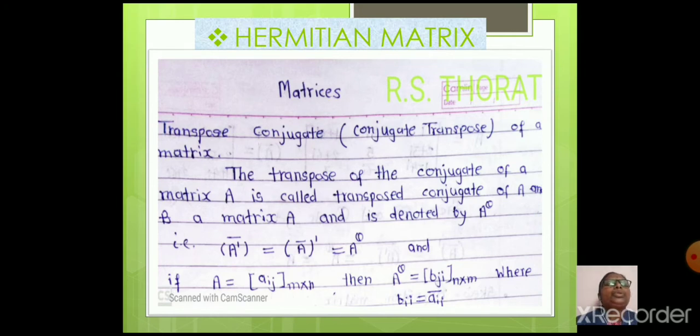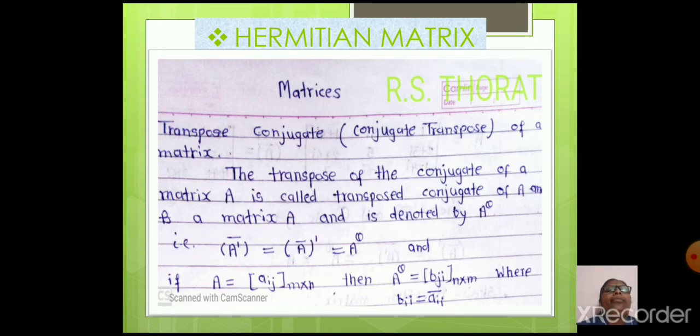The transpose of the conjugate of a matrix A is called the transpose conjugate of matrix A and is denoted by A raised to theta. That is, A transpose conjugate equal to A conjugate transpose equal to A raised to theta.